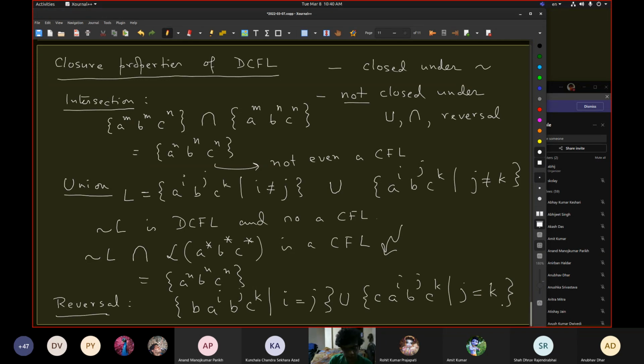Now this is deterministic context-free because if you read b first, then you know you have to match a's with b's, and k is arbitrary. On the other hand, if you read c first, then you know you have to match j with k, and i can be arbitrary.